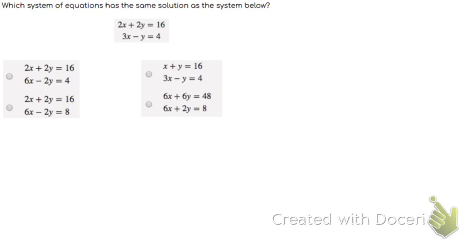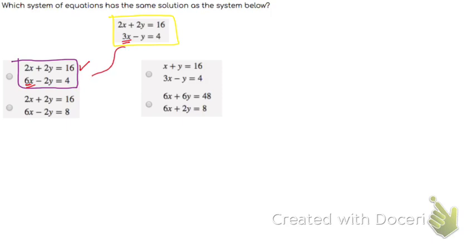So for this question, what you're going to do is compare this initial equation to the first choice and see how it changed. If we look at the first equation, it stayed the same, so that's good. Let's look at the second equation. It changed. It was 3x, now it's 6x.